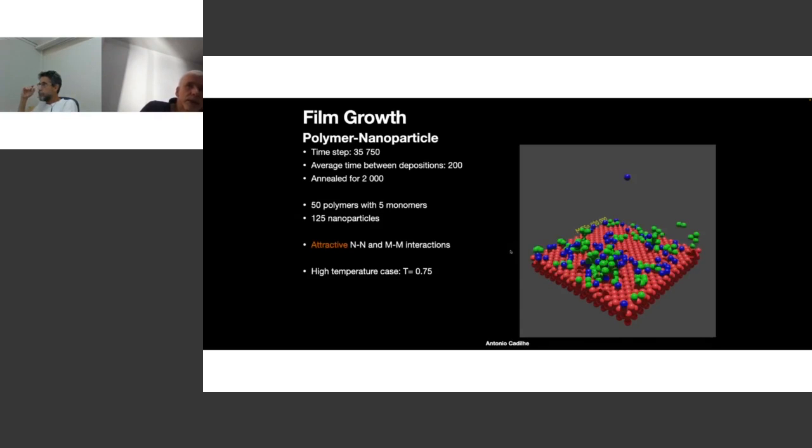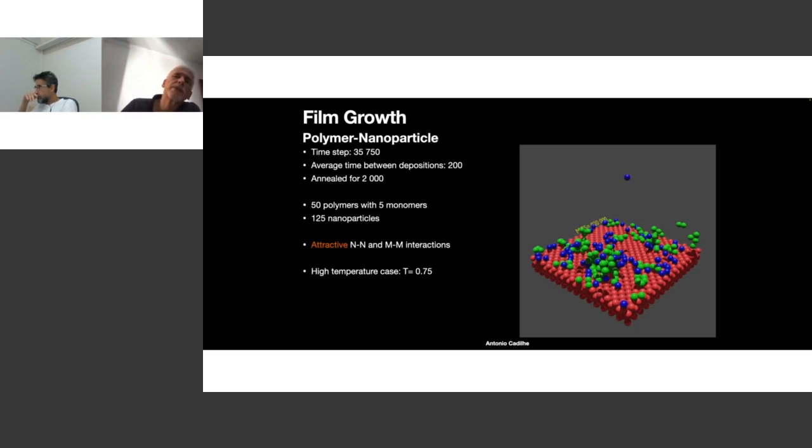That is what I'm going to show here. Here we already see a state where roughness is quite large, and all of that because particles can land, attach, and eventually leave the substrate.